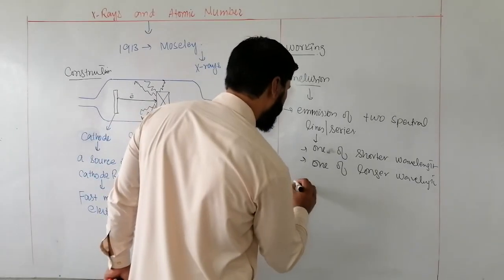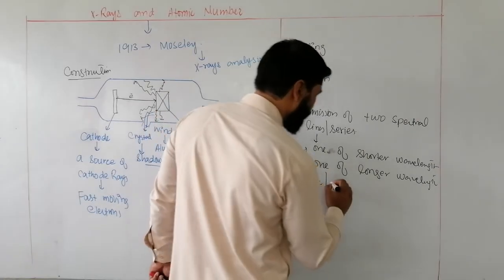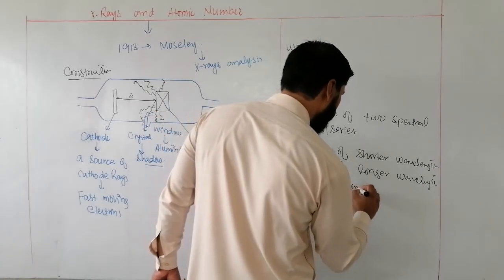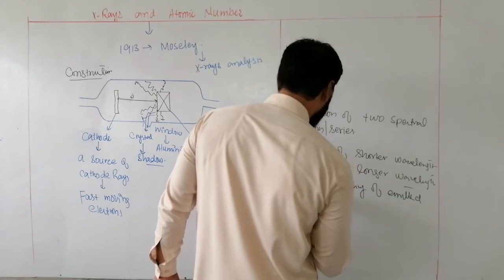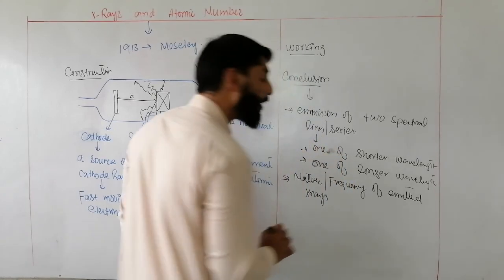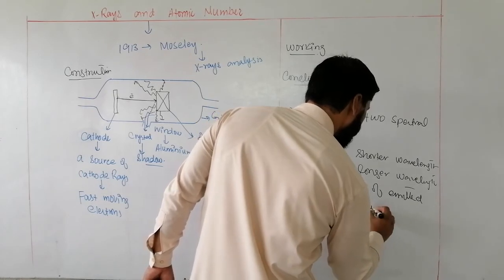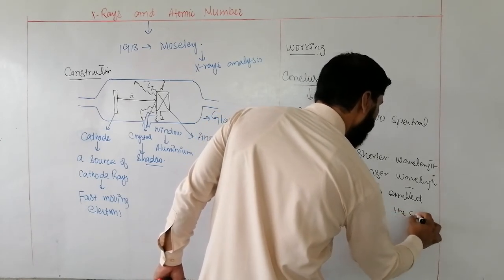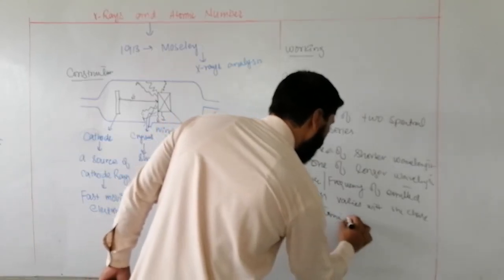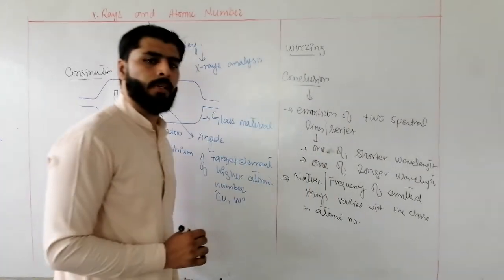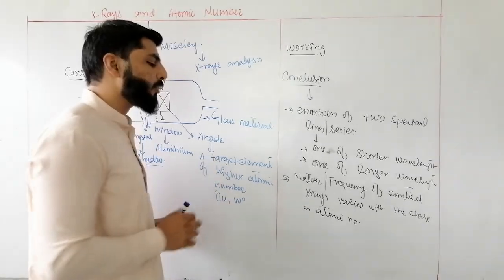Number two, the nature or frequency of emitted X-rays or radiations varies with the change in atomic number. With the change in atomic number, the nature and frequency of the emitted X-rays is also changed.